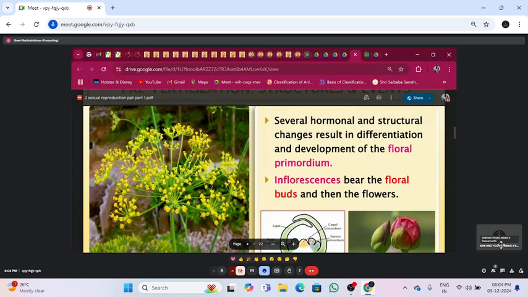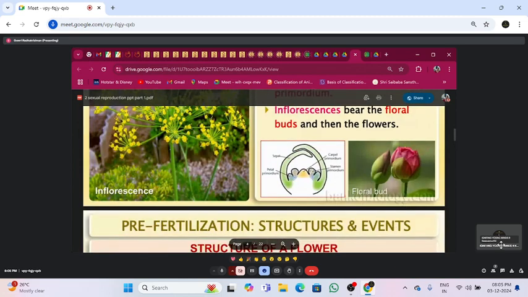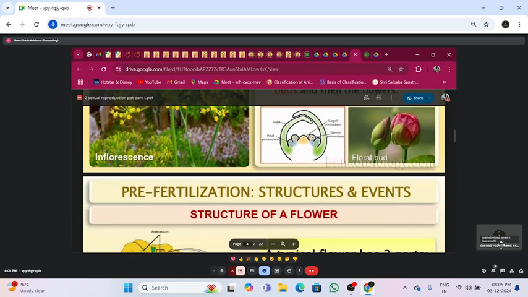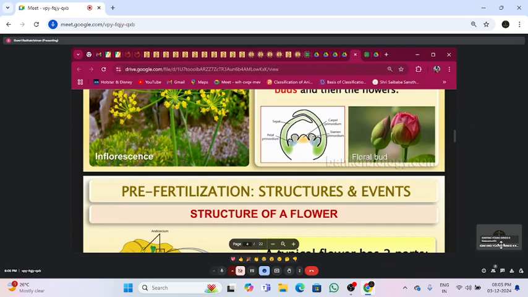In the process, some hormonal and structural changes result in differentiation and development. It starts with a small bud, then it enlarges and becomes a flower, gets matured, and then gets ready for pollination.